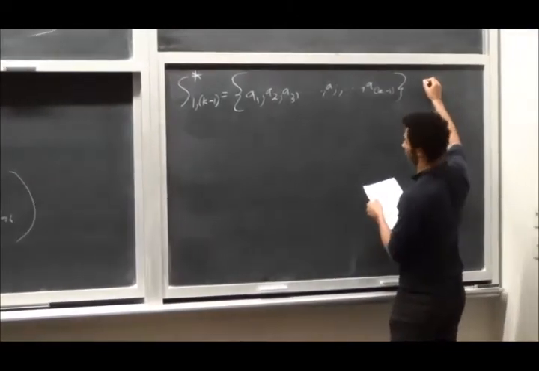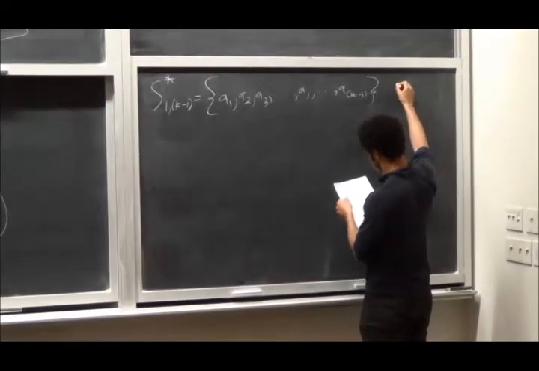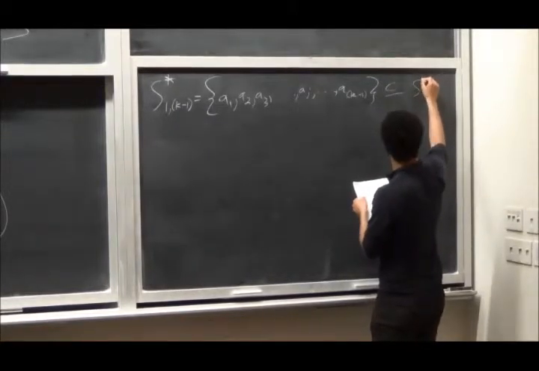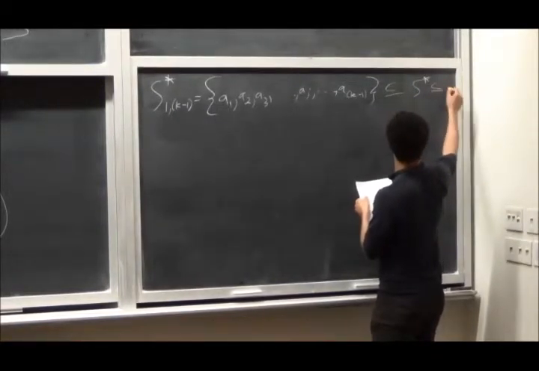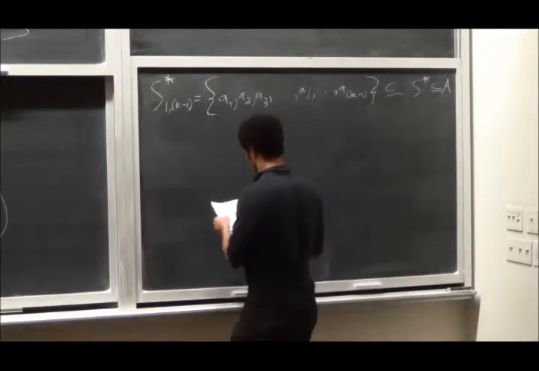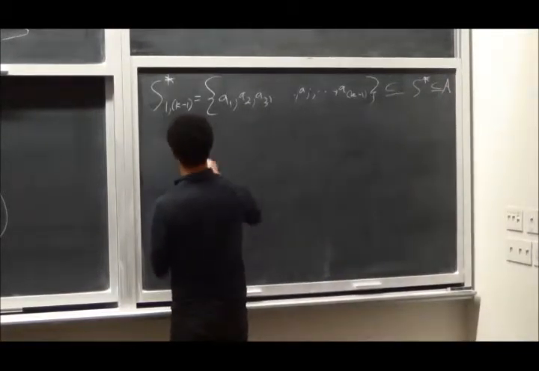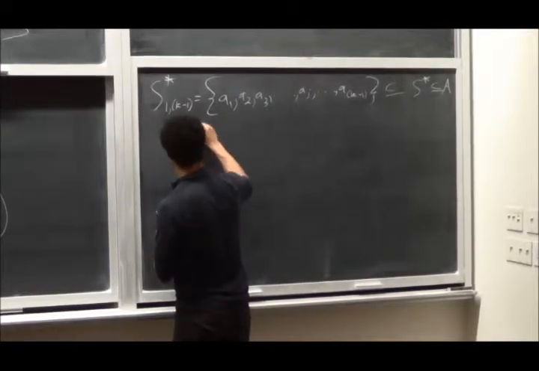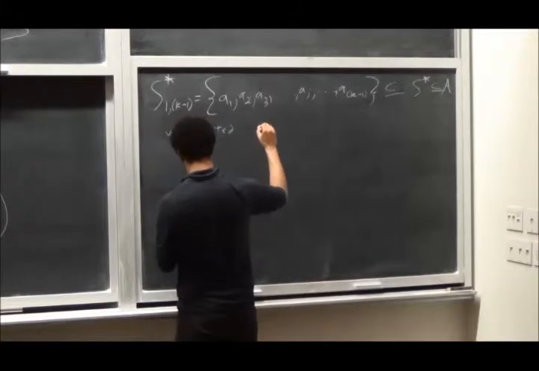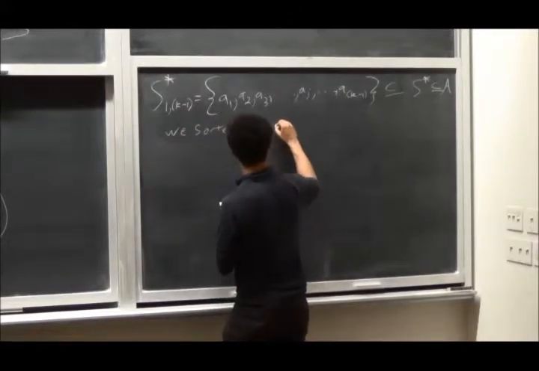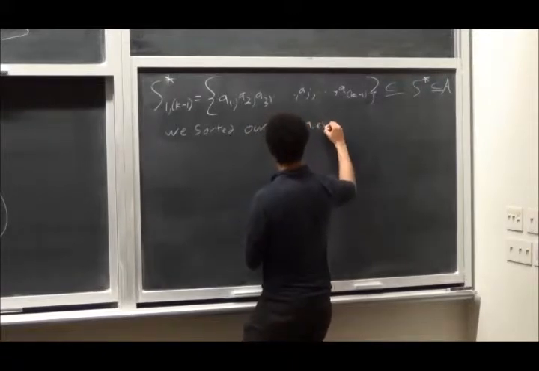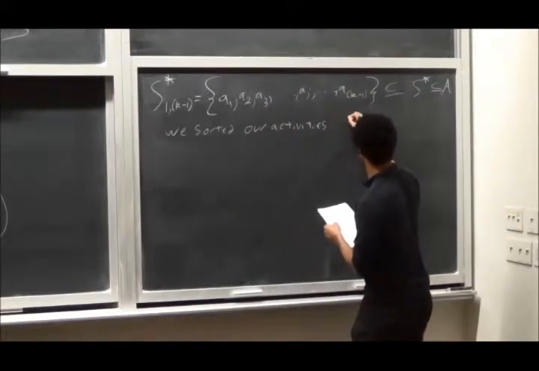And we're going to consider it as a subset of the optimals, the complete optimal solution, which is of course a subset of A. And let's consider that we sorted our activities.